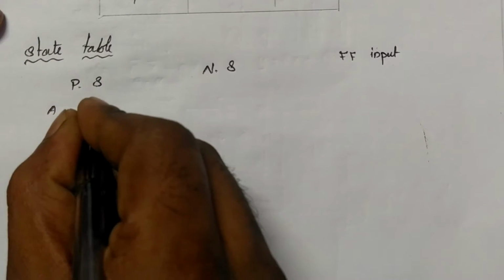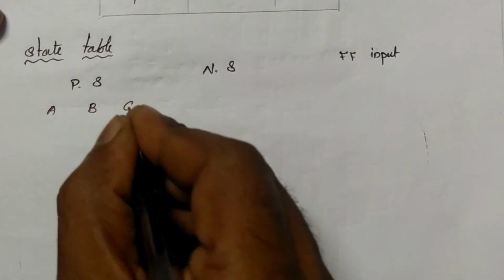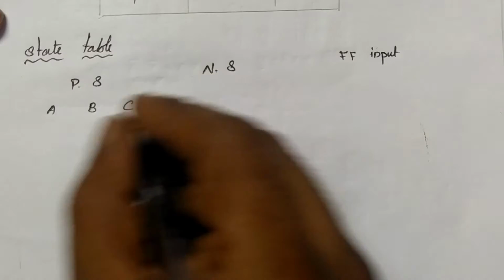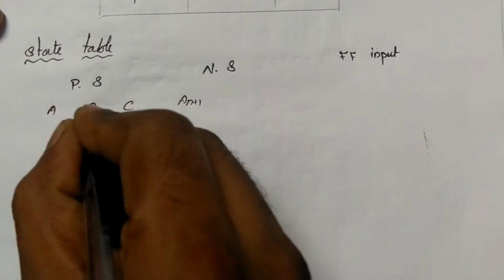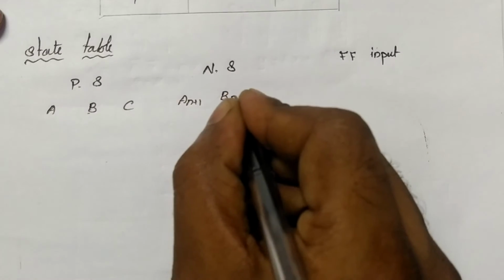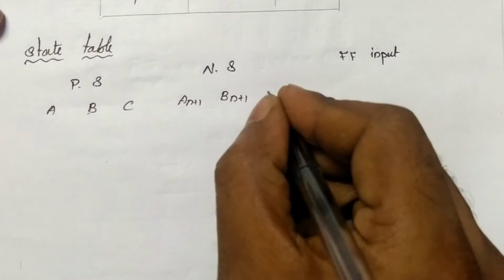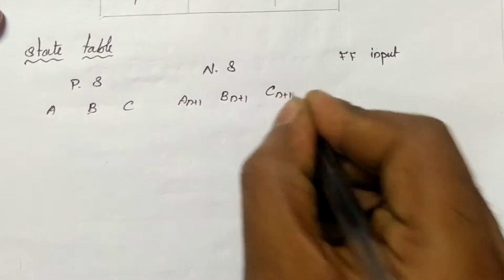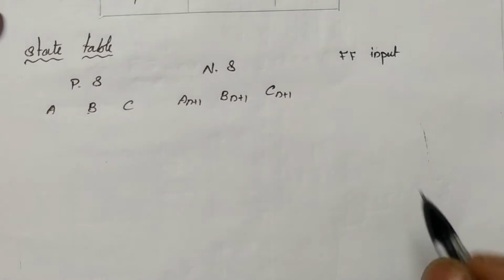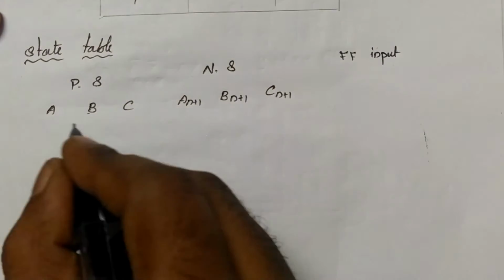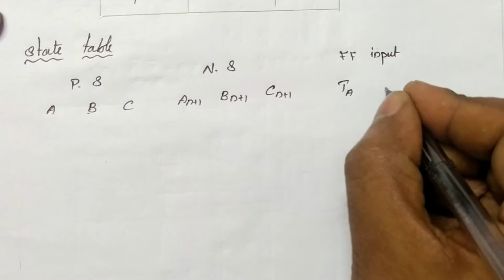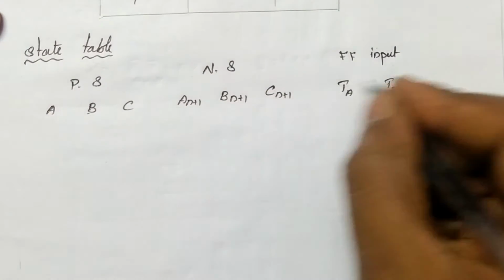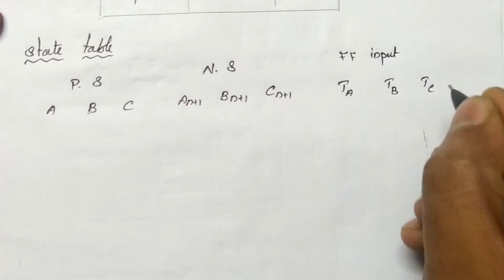So A, B and C, and its next state values are: for A it's A n plus 1, for B it's B n plus 1, for C it's C n plus 1. Respective flip-flop inputs values are: for A it's TA, for B it's TB, for C it's TC.